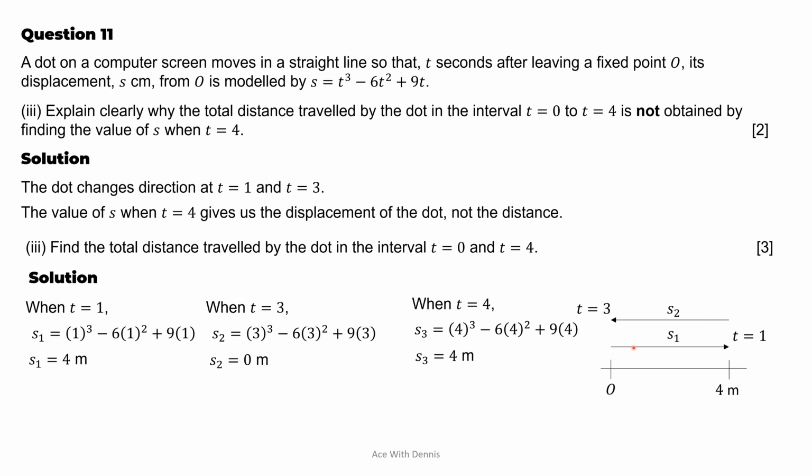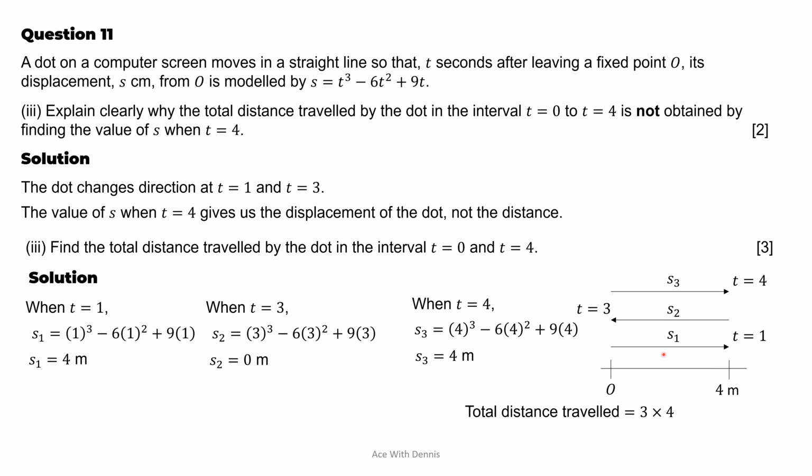At t equals 3, S2 is equal to 0, as we have calculated here, and it will stop at this point again. It changes direction when it stops, then goes in this direction, reaching t equals 4, which is the ending timing that we want. We find that S3 is 4 meters.